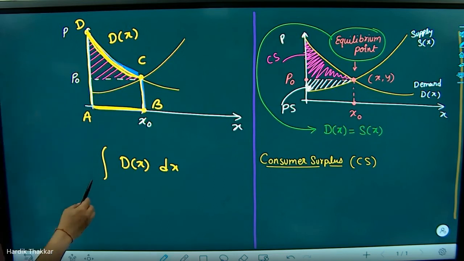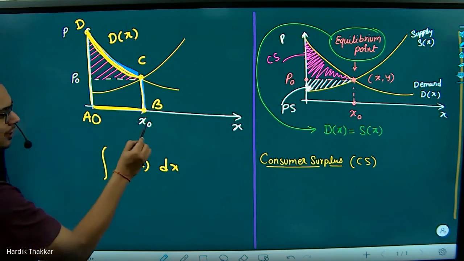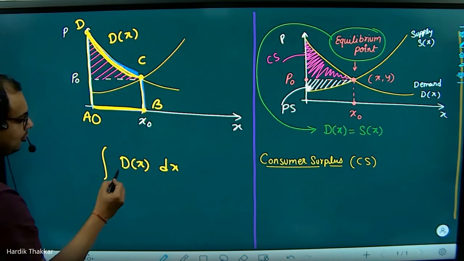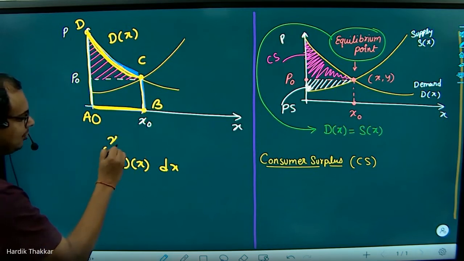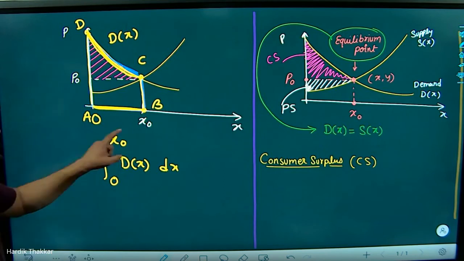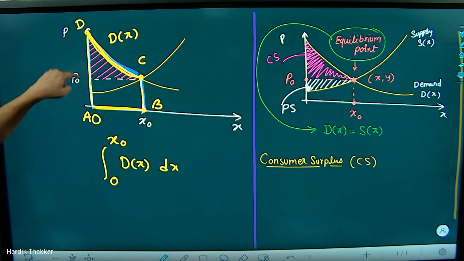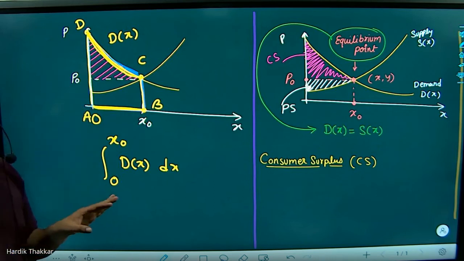And for how long do we have to integrate? From 0 to this point, that is x naught. So the limit will be 0 to x naught, correct? So this complete integration will give you the area of region ABCD, correct? Did you understand this, Naina Shevi?